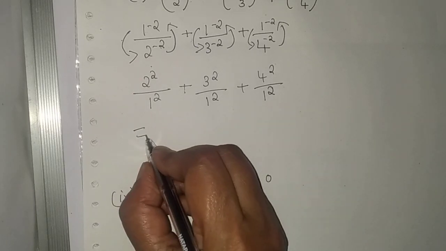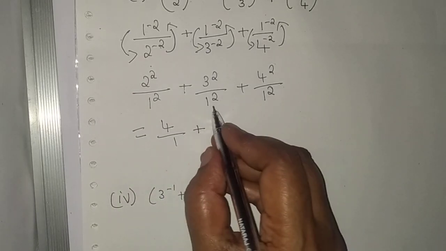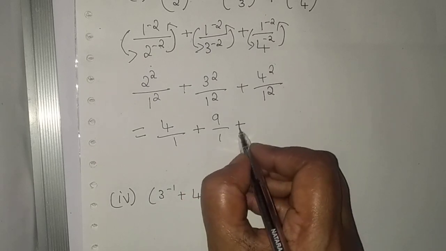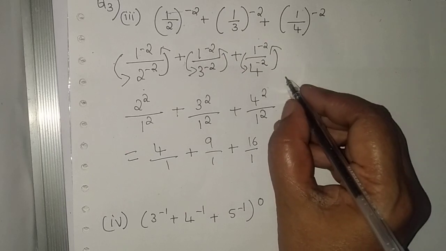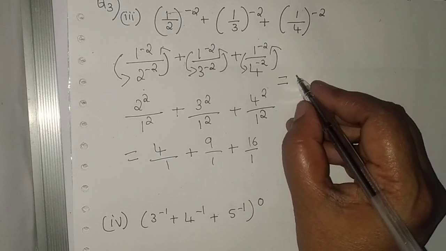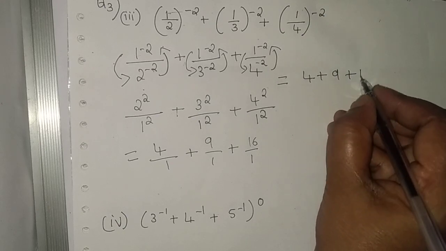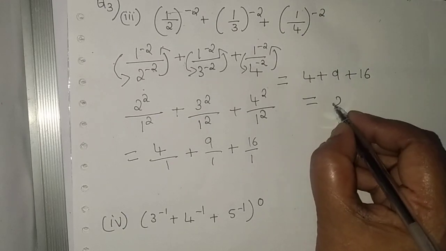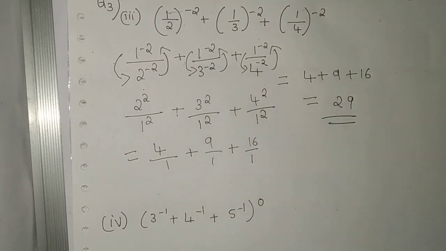So after this, what do we get? Write down: 2 squared is 4 by 1, 3 squared is 9 by 1, plus 16 by 1. So therefore we have 4 plus 9 plus 16. Add all of this, and we get 29. That is the answer.